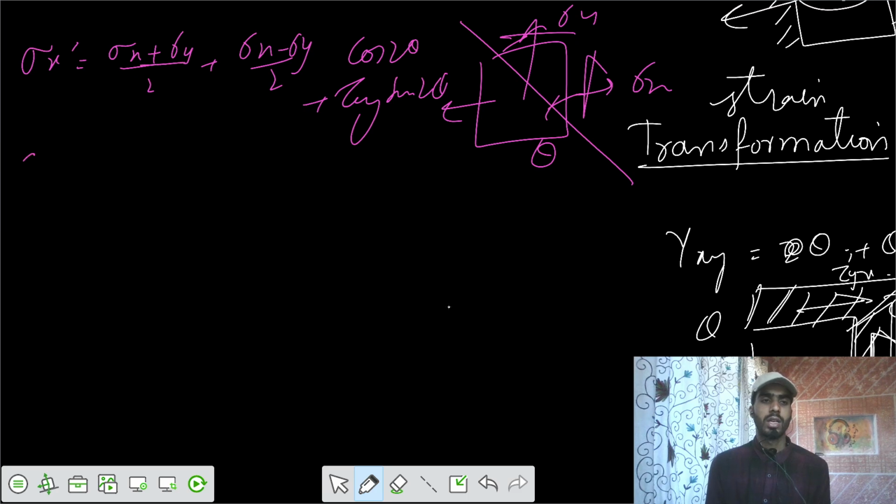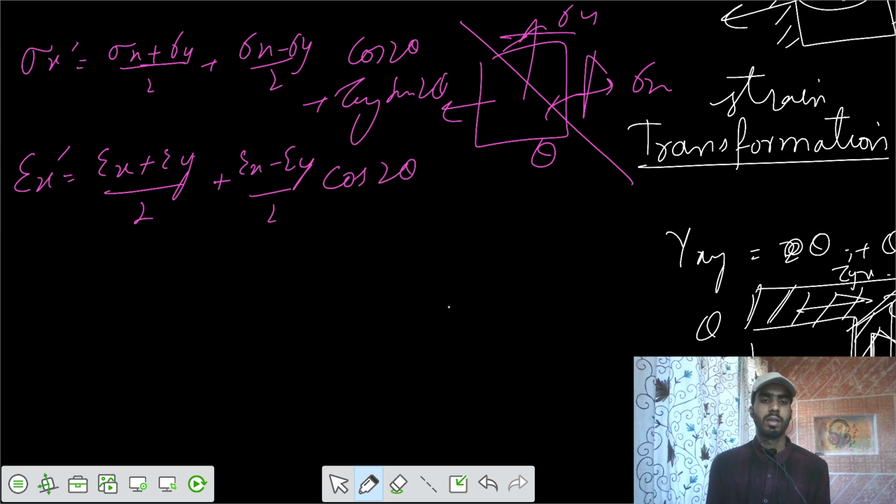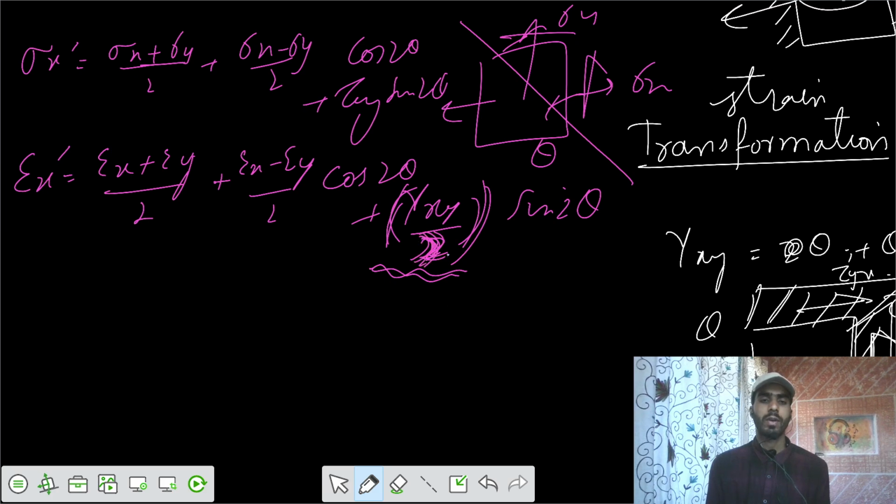Similarly, we can now write strain in x dash equals strain x plus strain y by 2, plus strain x minus strain y by 2 cos 2 theta plus gamma xy by 2 sine 2 theta. The critical point here is that gamma xy is divided by 2. In the stress, it was only tau xy sine 2 theta. Here it was gamma xy by 2 sine 2 theta. And similarly, if you write the strain in y, you get the signs reversed: in place of plus you would get minus, and here you would get minus.